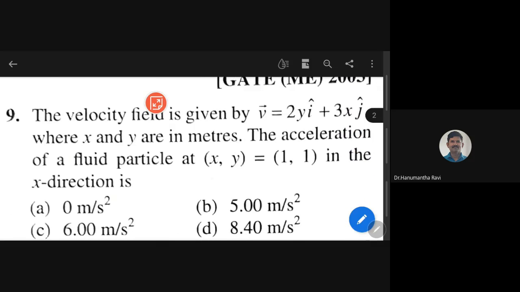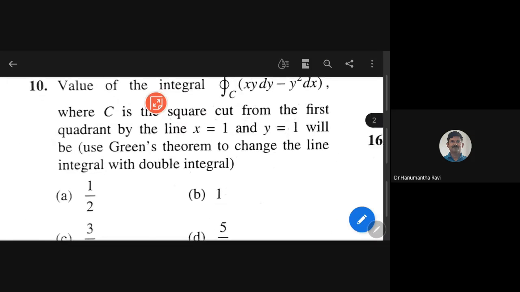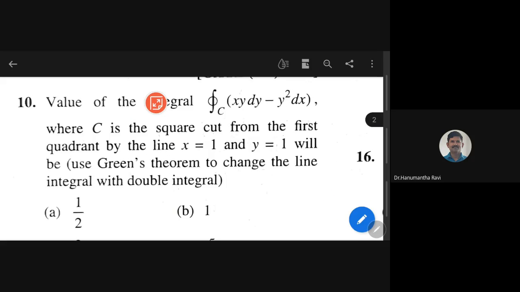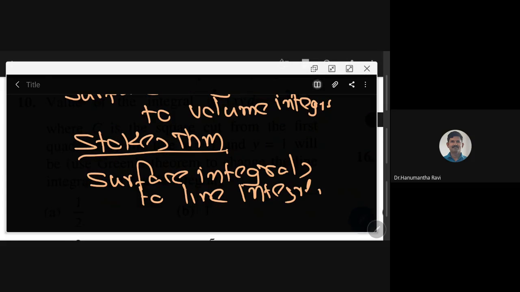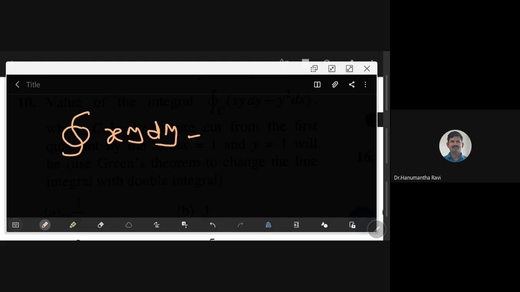The value of the integral of xy dy minus y square dx, this value we want.